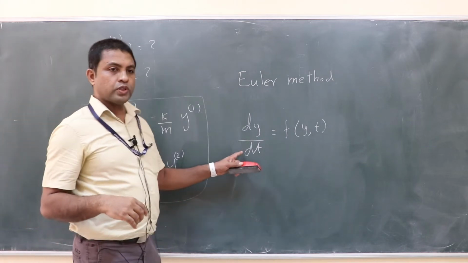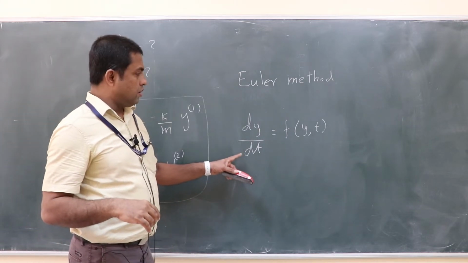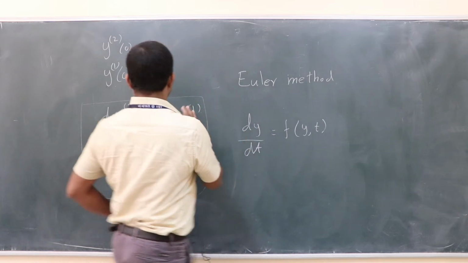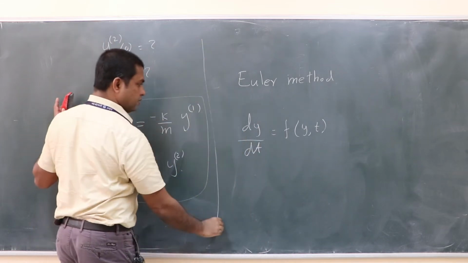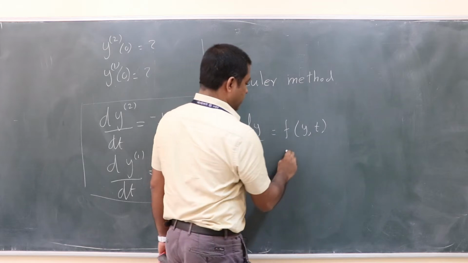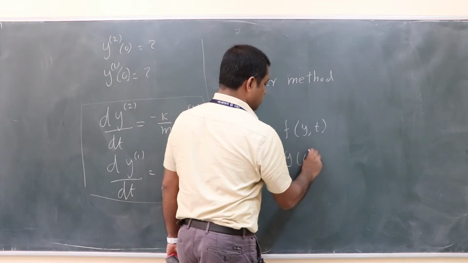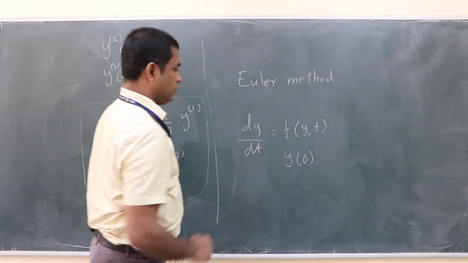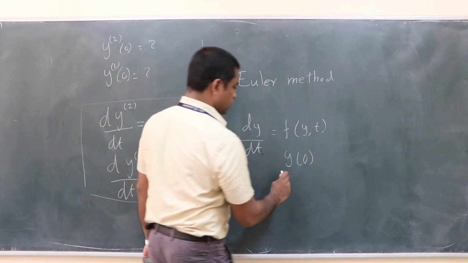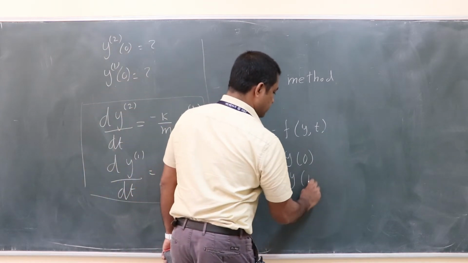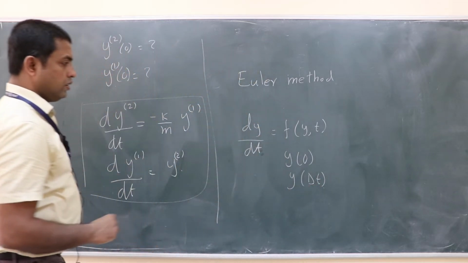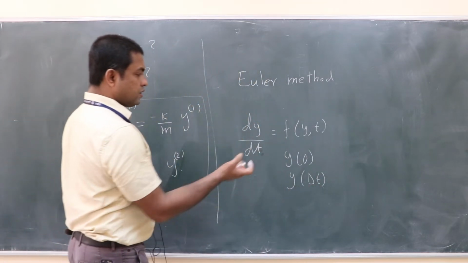Let us forget about the rest for the time being and just look at this. At time t equal to 0 the value is y of 0, and I want to find out y at delta t. So delta t is the time step.